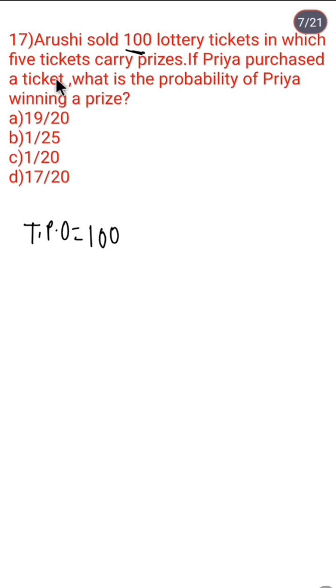So if Priya purchased a ticket, what's the probability of Priya winning a prize? For winning a prize, how many tickets carry prizes? 5 tickets carry prizes, so that much she will win. Therefore the favorable outcome is how many tickets to win? 5 tickets.